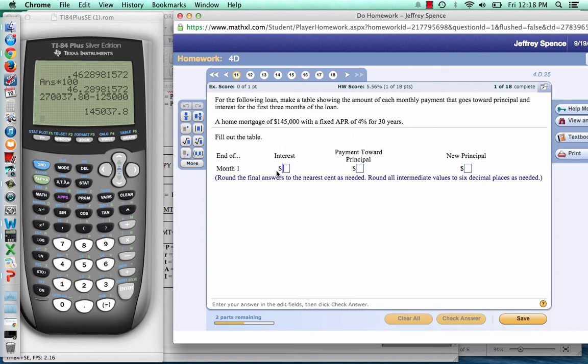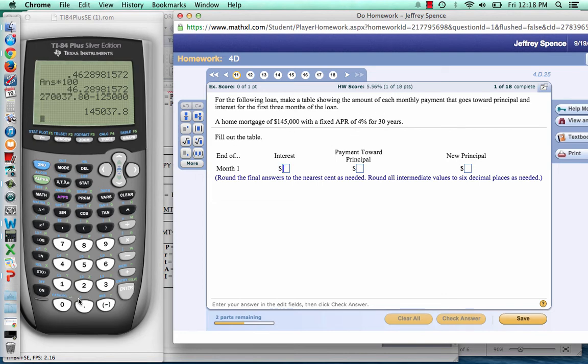At the end of month 1, your interest. To figure out your interest on a loan, for just one monthly payment, it's the APR divided by 12 because we have monthly payments, and that's the interest rate. Then we multiply that by what you owe.